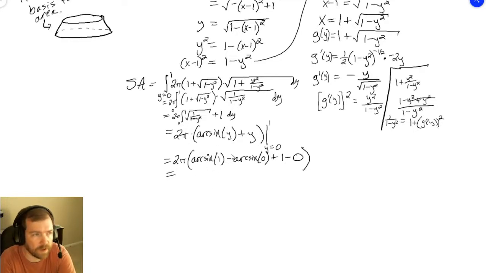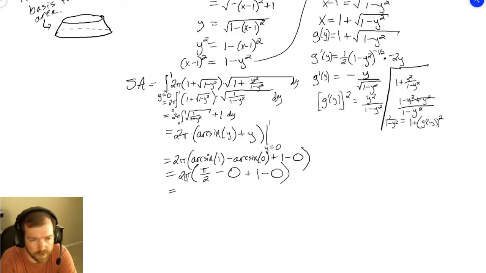All right, arc sine of 1 is going to be 90 degrees or pi over 2. Arc sine of 0 is going to be 0. So this is going to be equal to pi squared plus 2 pi.